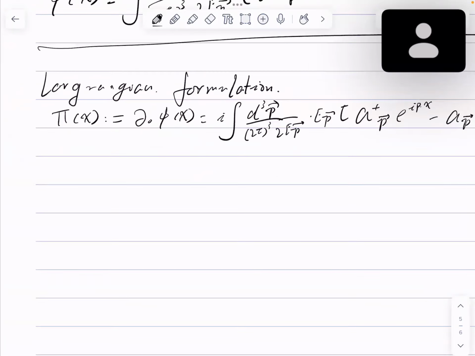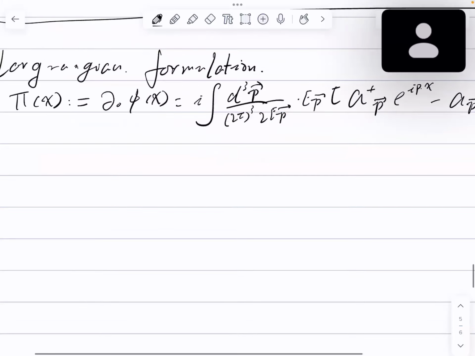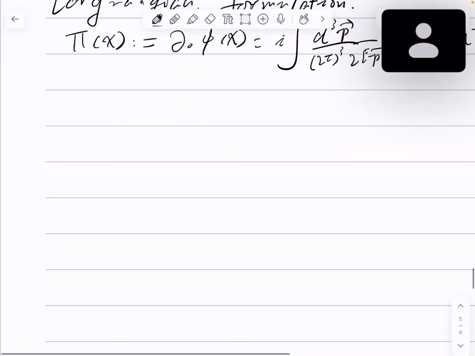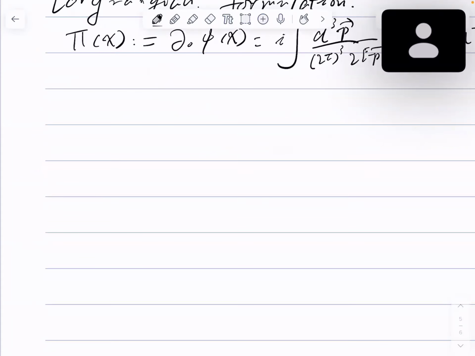Using the expressions of π and φ, we can easily check that they satisfy the commutator relations. It's a very easy check.